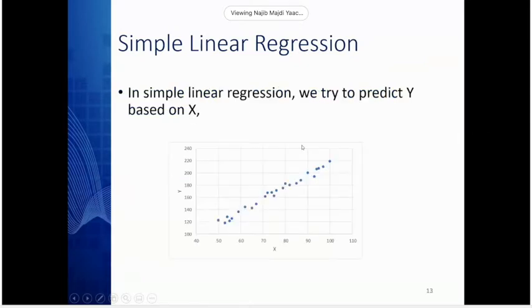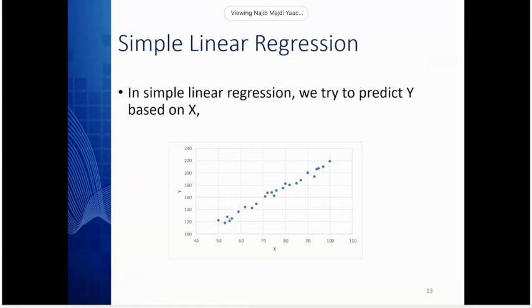In simple linear regression, we want to predict y based on x using a prediction line. Be careful with the regression line, as it is different between correlation and linear regression. When you do correlation analysis, there's no need for a regression line.